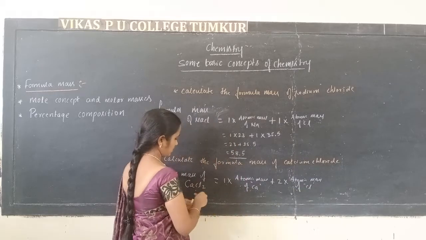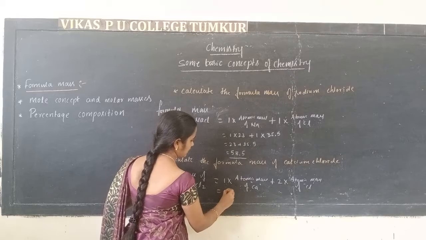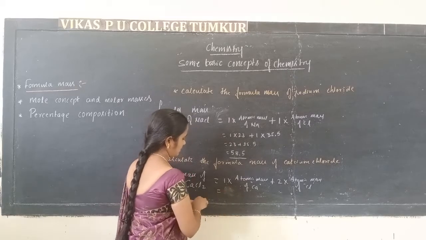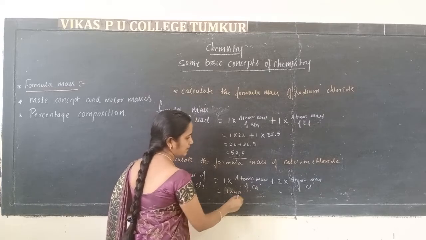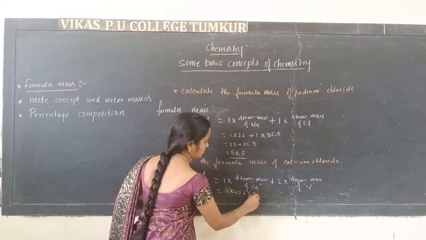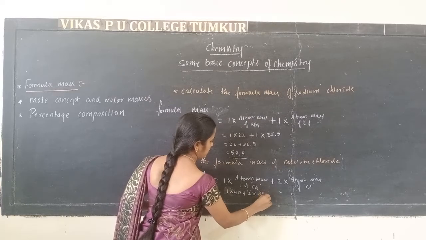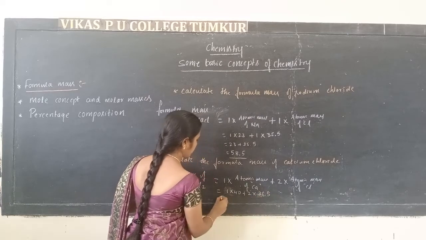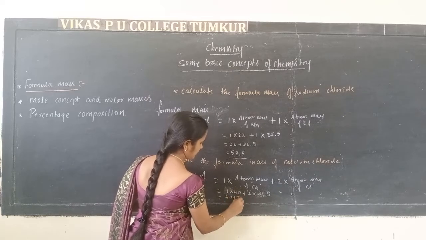The atomic mass of calcium is 40, so 1 into 40. Then 2 into the atomic mass of chlorine, which is 35.5. You will get 40 plus 71.